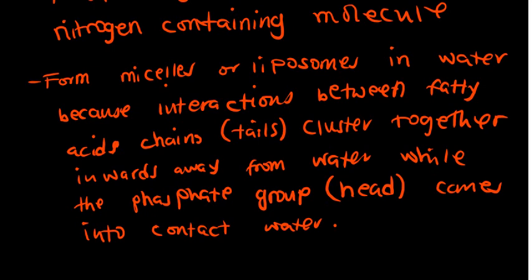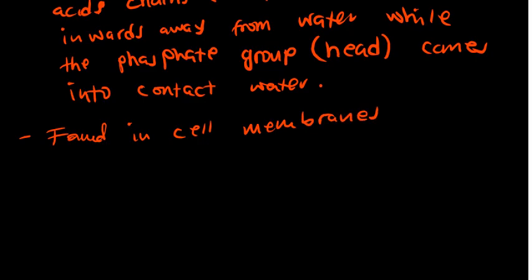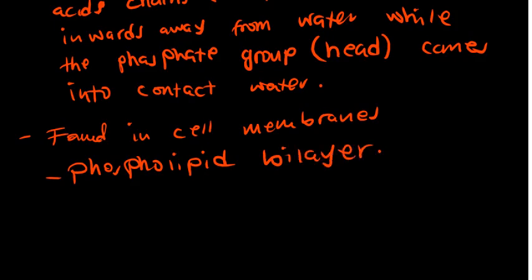So the phospholipids are actually found in cell membranes, where they form a phospholipid bilayer, which is important for the function of the cell membrane.